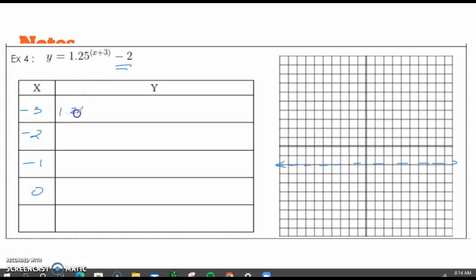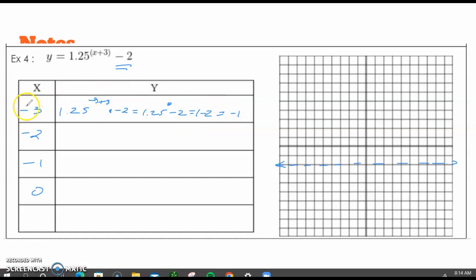So 1.25 to the -3 plus 3 minus 2. So 1.25 to the 0 power minus 2 makes 1 minus 2.